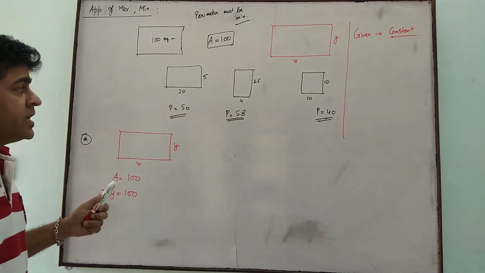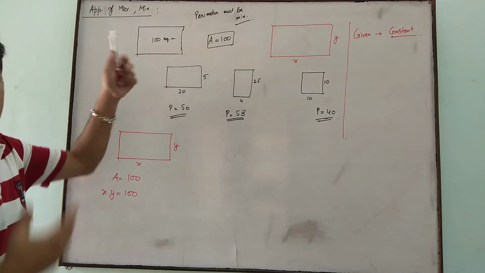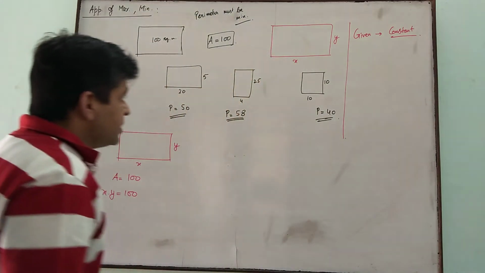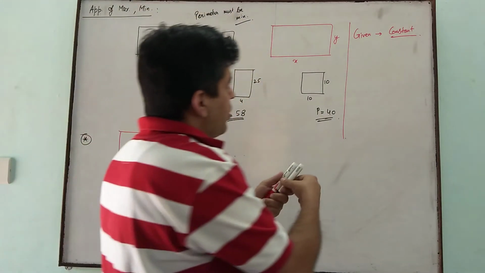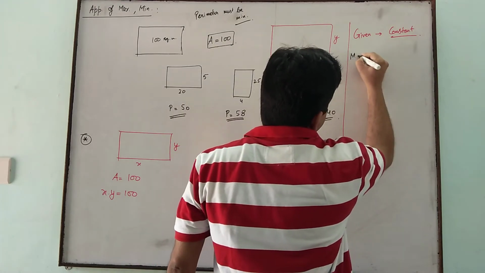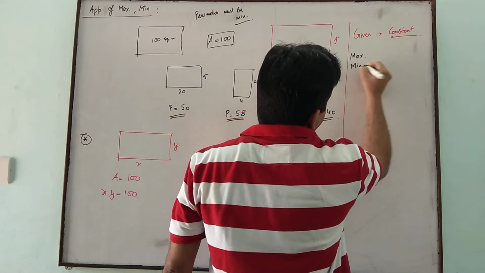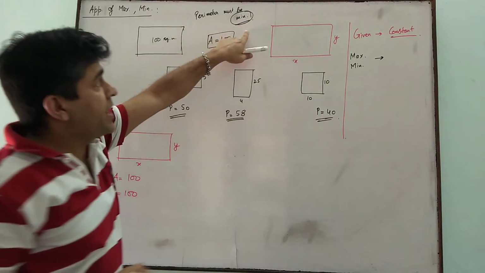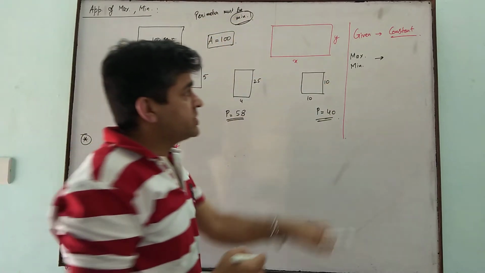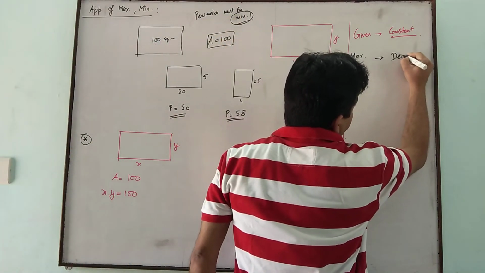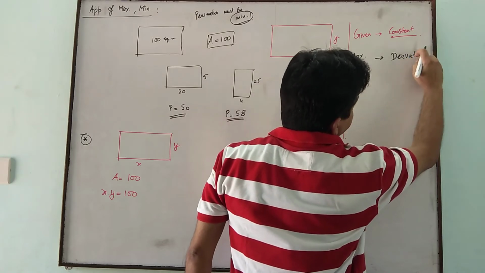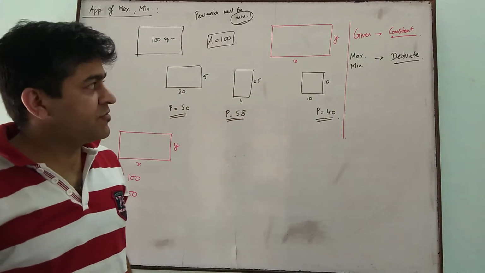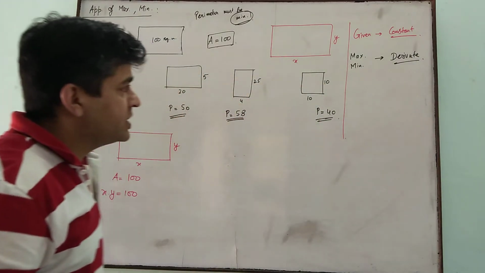Like here, area A, it may be 100 or whatever it is given, this is constant here, right? Second thing, whatsoever is maximum or minimum, like here we need the perimeter minimum. Perimeter must be minimum. So whatsoever is maximum or minimum, that we need to differentiate.